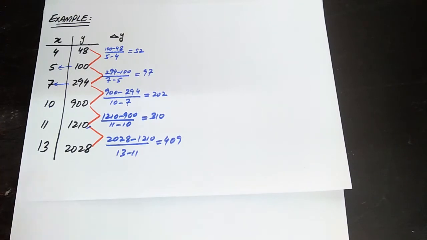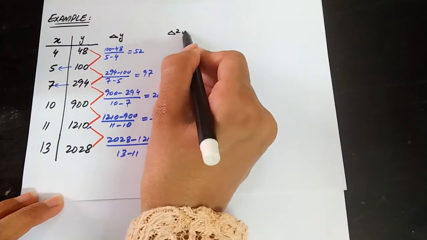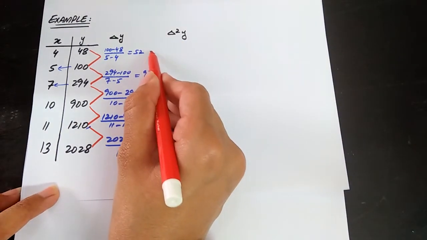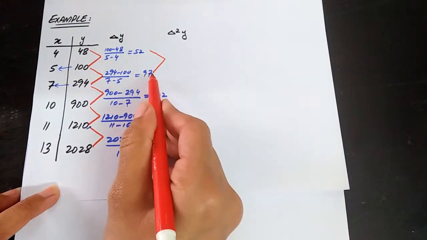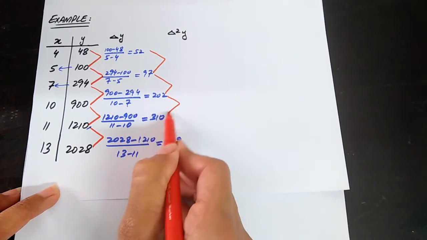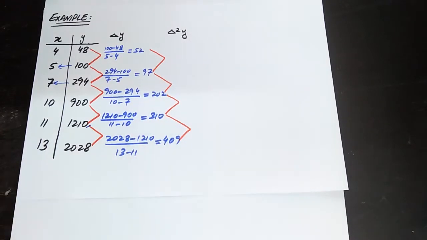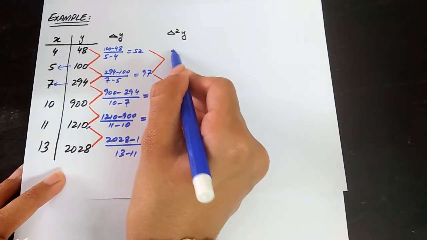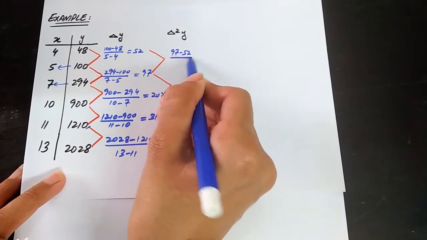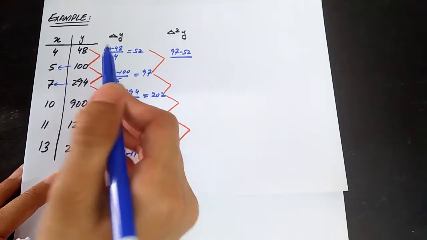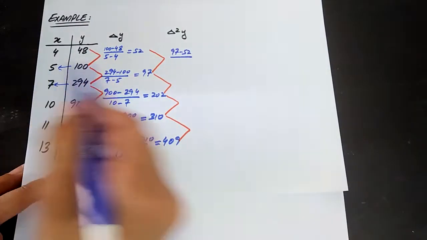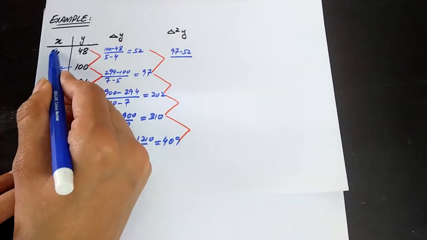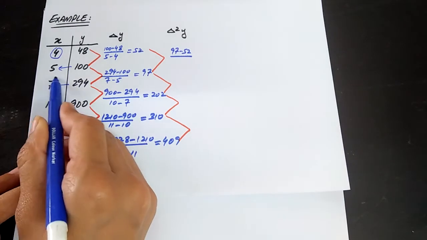Now I need to calculate my second difference, that is del 2y. For calculating my second difference, I have to take the difference of the first two, second and third, third and fourth, fourth and fifth. It will be 97 minus 52 divided by, the least x value here is 4 and it is ending at 7.